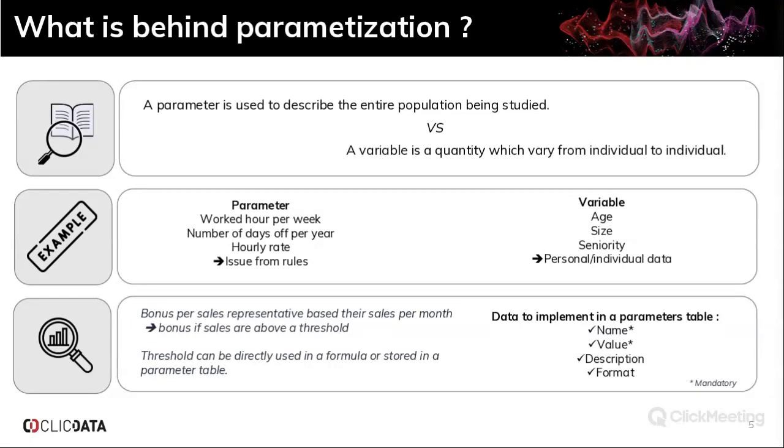So first, what is behind the parametrization? The first thing that I would like to see with you is really the definition. A parameter is used to describe the entire population being studied. To really understand it, we can see what a variable is. In contrast, a variable is a quantity which varies from individual to individual.